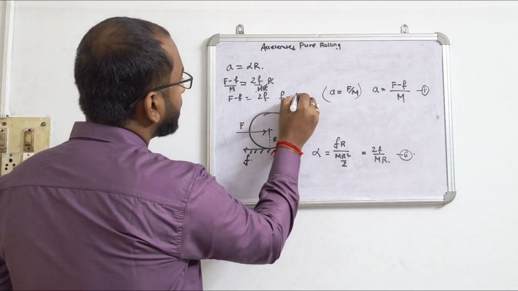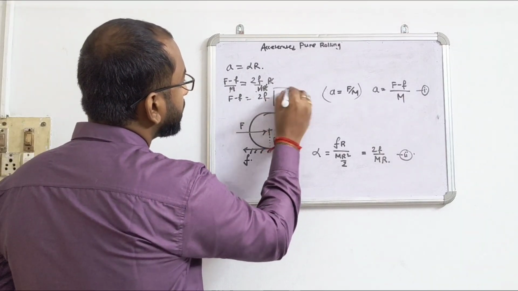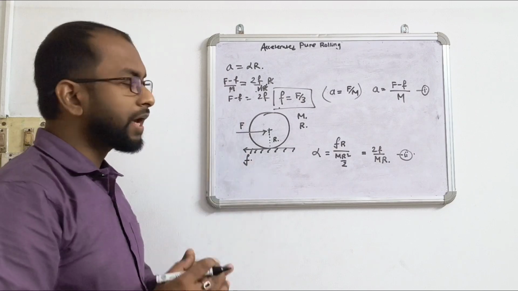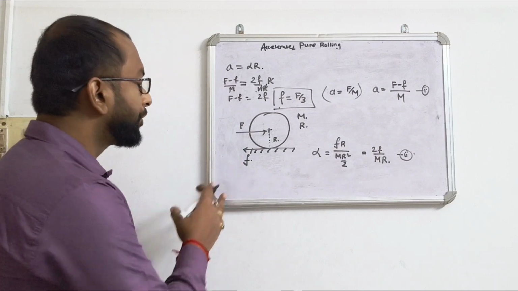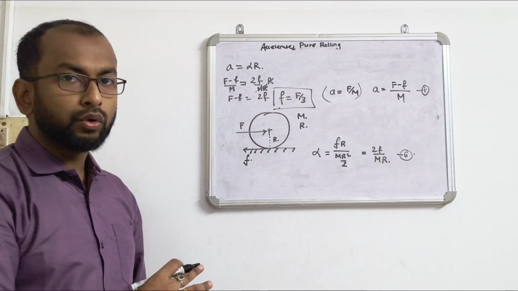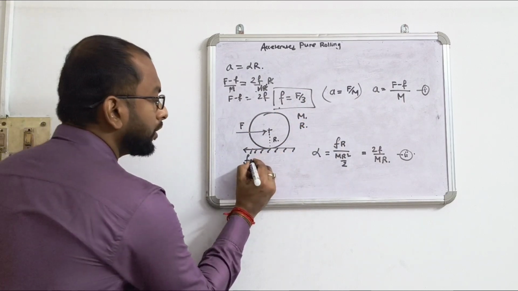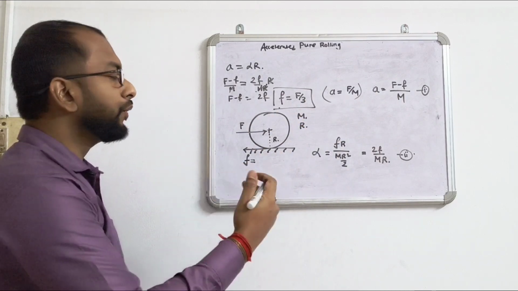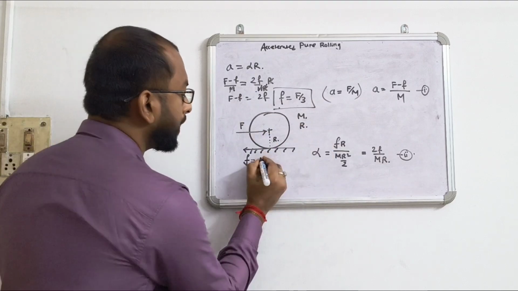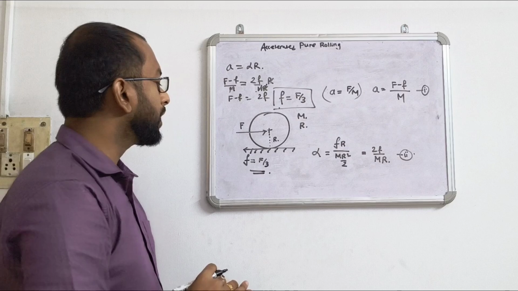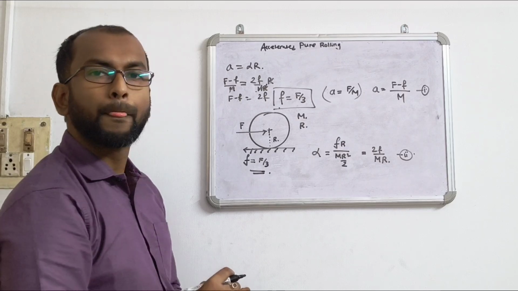So f is finally becoming F by 3. Now if you apply F force at the center of the disc having radius R, then friction will play a very important role in order to sustain the pure rolling motion. The friction direction will be in the backward direction, and the amount of force due to the friction is becoming F by 3 only.